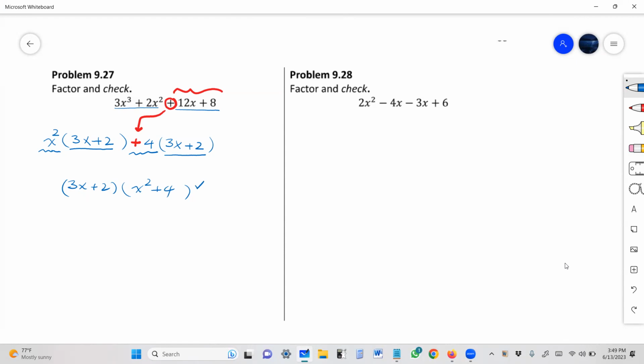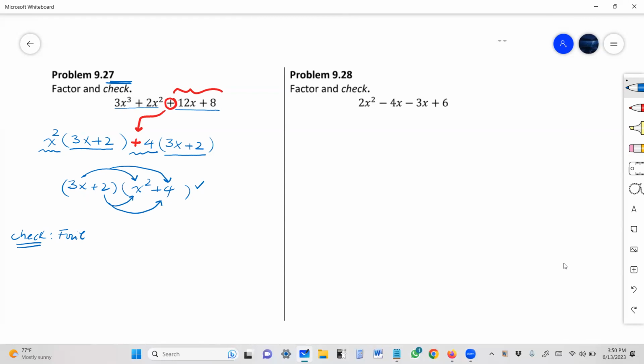You are basically done. In this particular case, they said check. Normally on the exams and final, for grouping or any of the factoring techniques, we won't ask you to check, but I am going to do it once here for you to see how it's done. The technique is you are going to FOIL. 3x times x squared, 3x times 4, 2 times x squared, and 2 times 4.